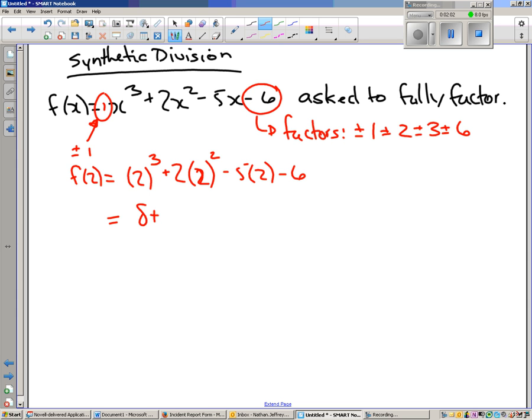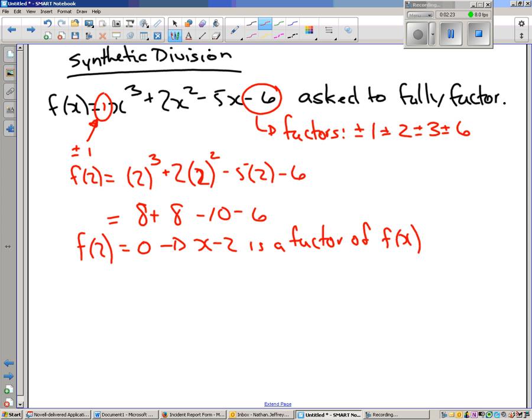So 8 plus 8 minus 10 minus 6. f of 2 equals 0. So what does that tell us? Okay, that tells us x minus 2 is a factor of f of x.